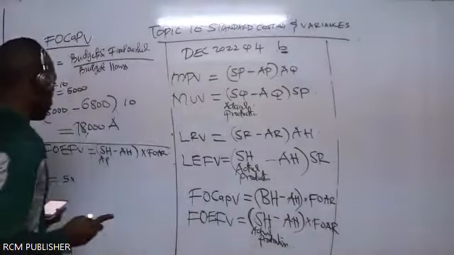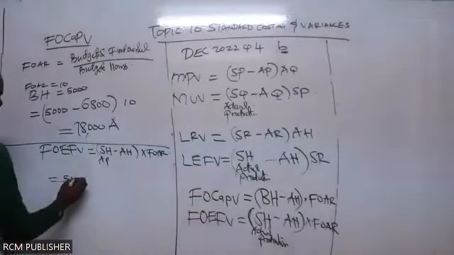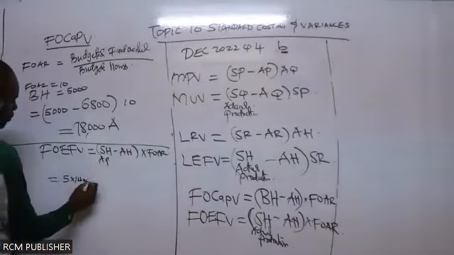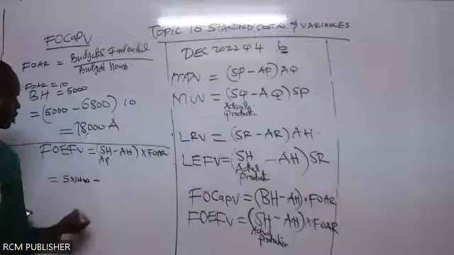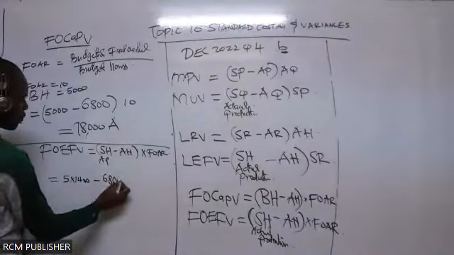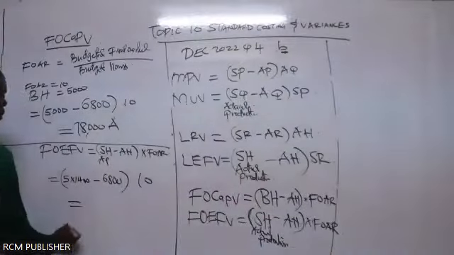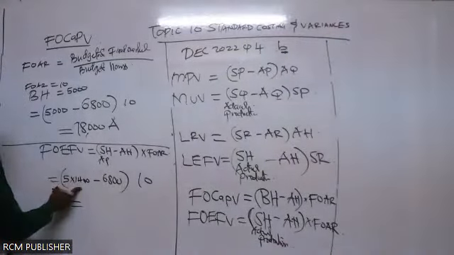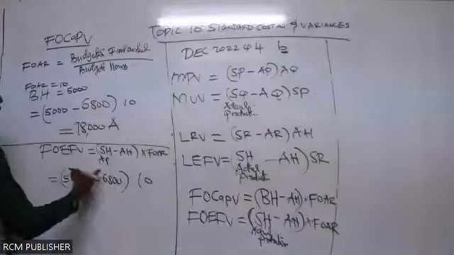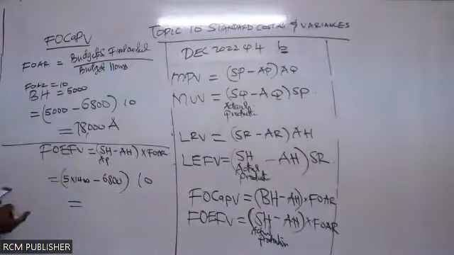We have actual production, less actual hours, multiplied by fixed overhead absorption rate. This is going to give us 7,000. It is more than this. So we've extremely saved on what we anticipated to spend. So it's going to be favorable.